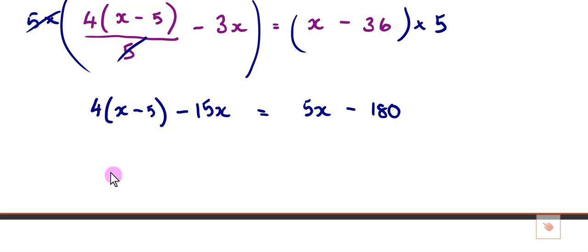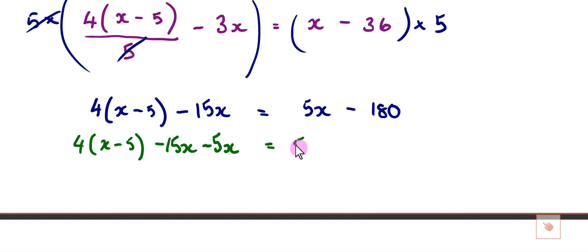So if I did that, by the way, it would be 4x minus 5 minus 15x minus 5x equals 5x minus 5x minus 180, which, by the way, you don't have to write this out all the time, I'm just showing you to explain.